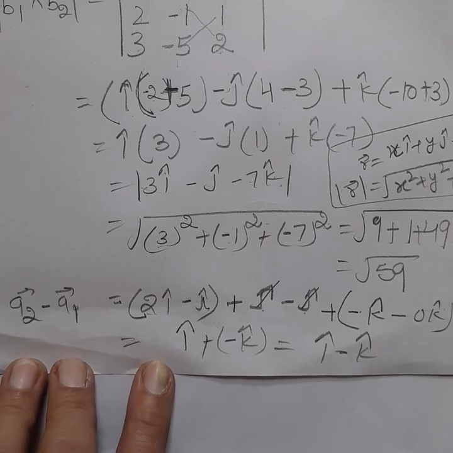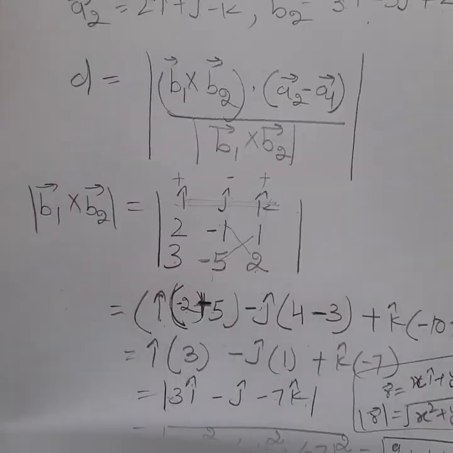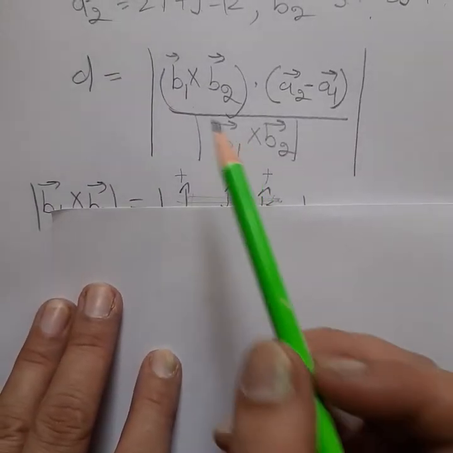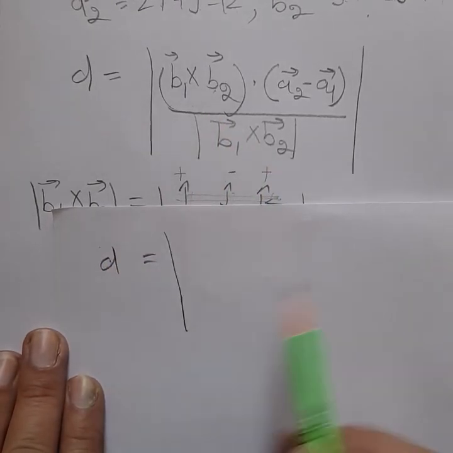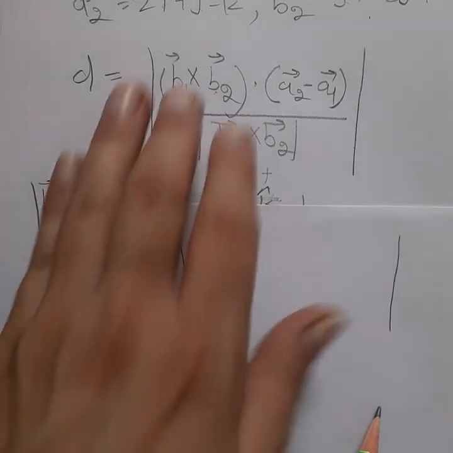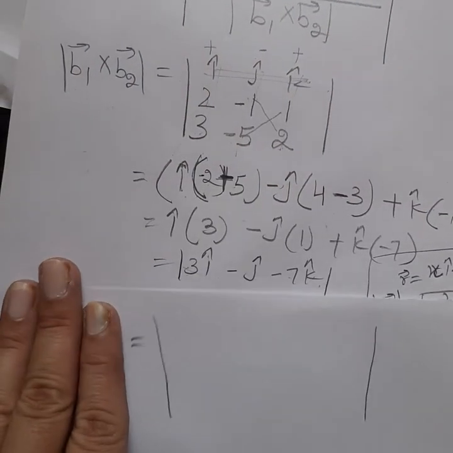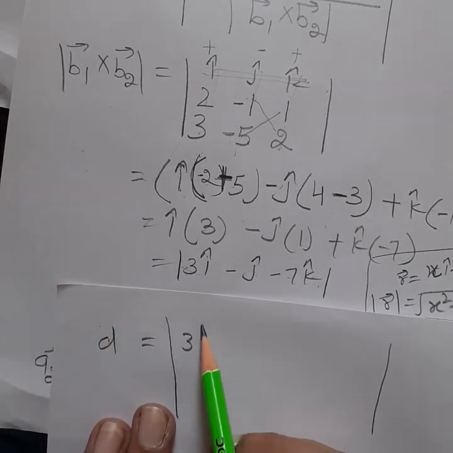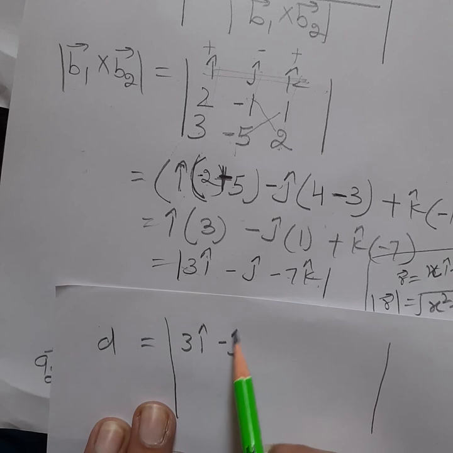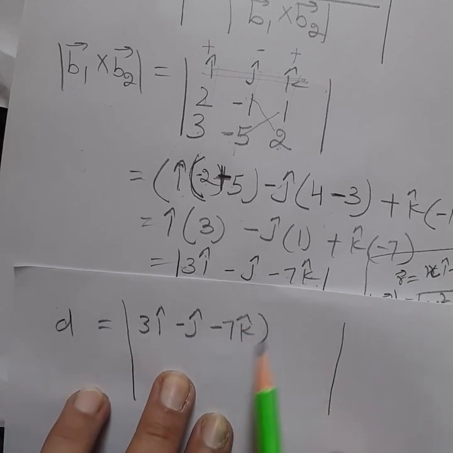Okay, now we have to apply the formula of shortest distance. How we can apply this formula? You can see from here, first of all we write d, and we have to put the value of b1 cross b2. So students, what is the value of b1 cross b2? You can see here, 3i minus j minus 7k.